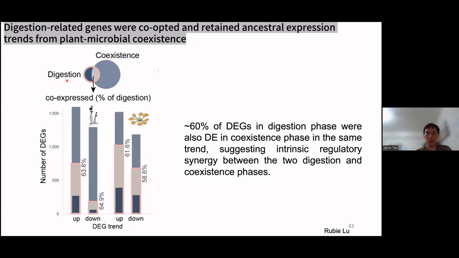This reveals that digestion-related genes in Drosera are not entirely new innovations, but have been co-opted from pre-existing gene families related to plant-microbial interactions and defense. This observation is quite consistent with previous genomic studies of carnivorous plants, that gene families involved in defense were duplicated and evolved to gain the digestion ability.